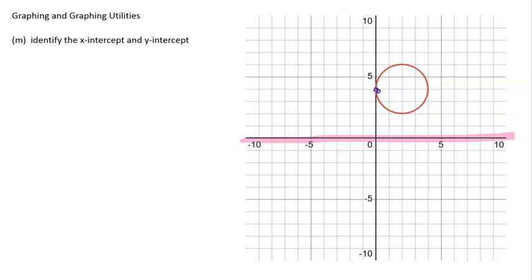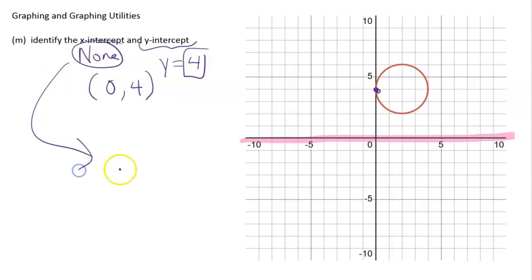If there is a point on the axis, that's considered an intercept. So that is the point, if I label it in point form, (0, 4). So the y-intercept right here would be y is equal to 4. What's the x-intercept? None. Not at all. Often in the homework, none is depicted with the symbol for the empty set.